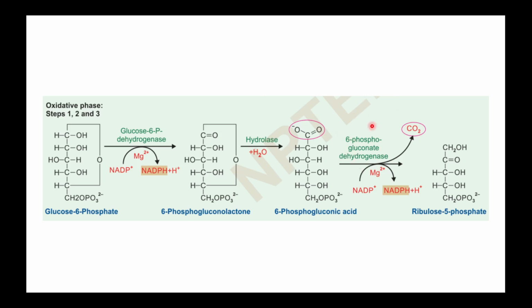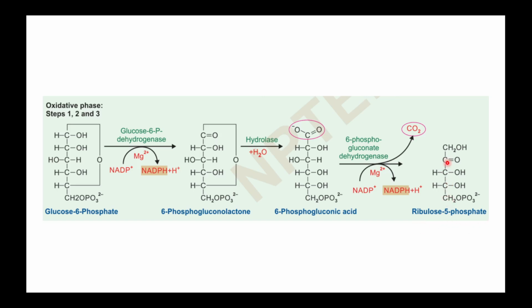Okay. So 6-phosphogluconate dehydrogenase, along with oxidizing, is also eliminating one CO2 molecule from this 6 carbon sugar. So 6-phosphogluconic acid, you can see there are 6 carbons, 1 2 3 4 5 6. So one CO2 is released, and now we have a 5 carbon sugar molecule, that is ribulose 5-phosphate. Okay.